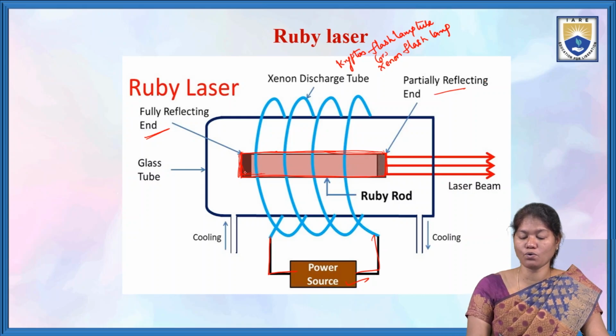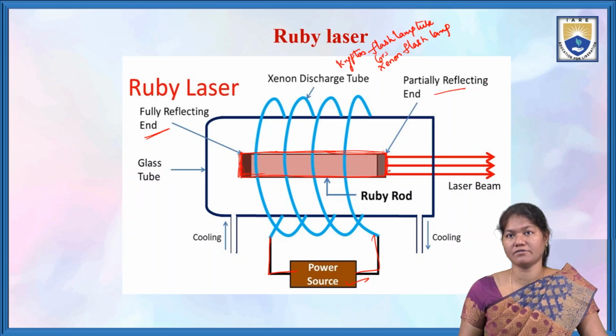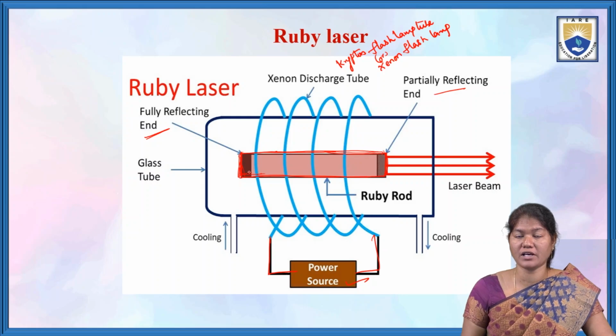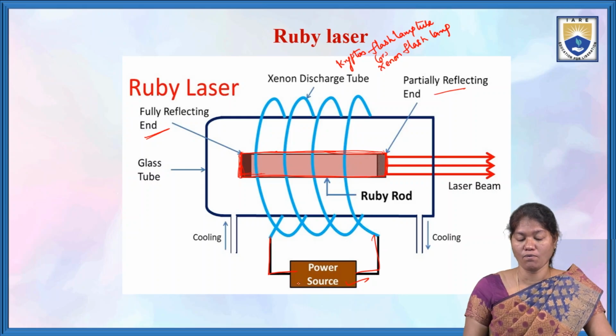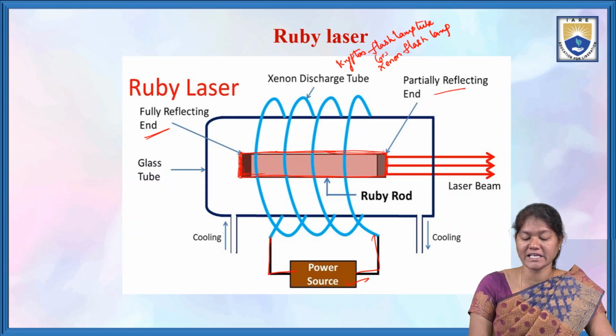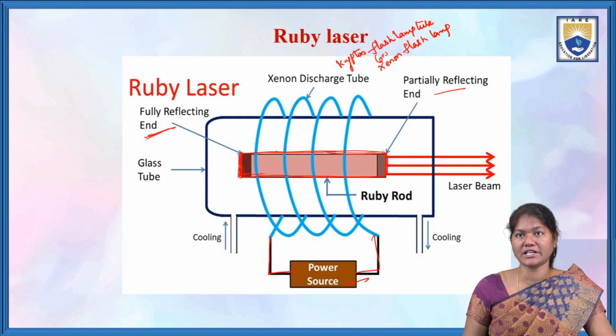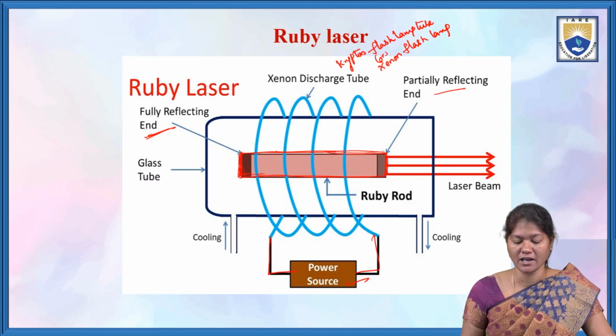These two end faces are flat and parallel. One of the faces is highly silvered and the other face is partially silvered. That's it. Fully reflecting end, and another one is the partially reflecting end.